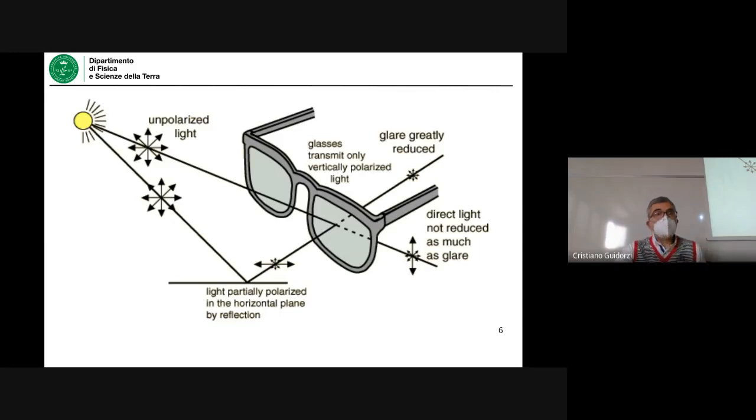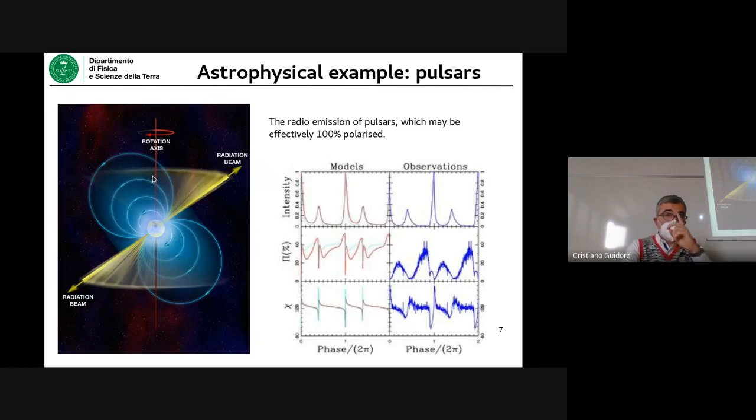So this is just an application, and an example of how you can get polarized light from an originally unpolarized light beam. This course is on astrophysical processes, so it's interesting to see in which astrophysical examples this can be the case.